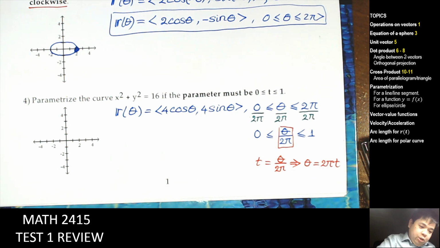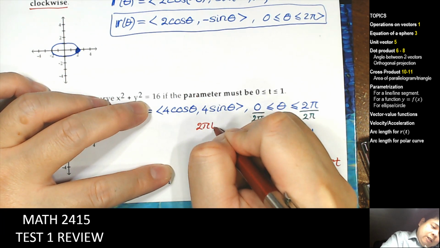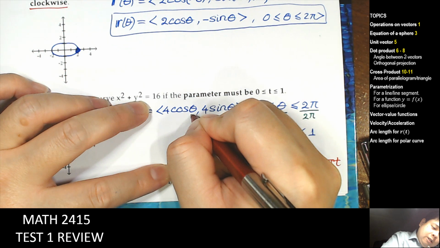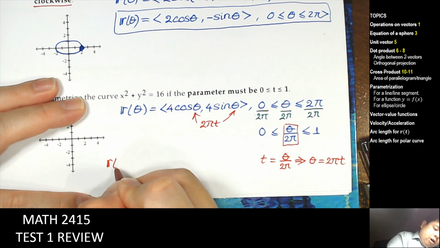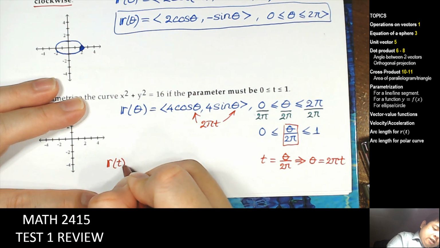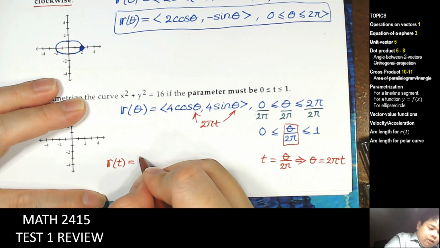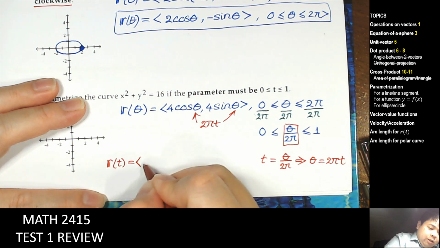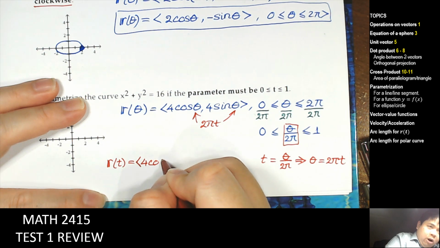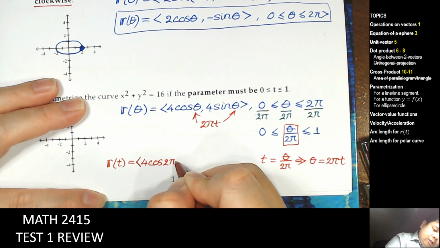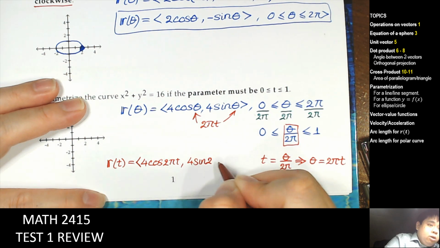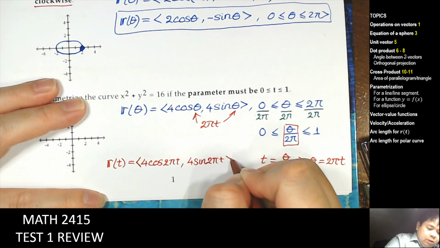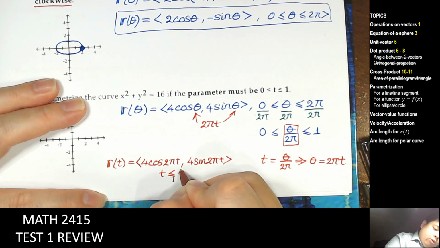So I'm going to substitute 2 pi t into theta. And finally we will have r of t equal to 4 cosine of 2 pi t, 4 sine of 2 pi t, t is between 0 and 1.